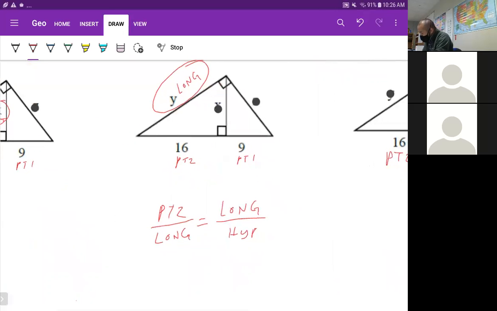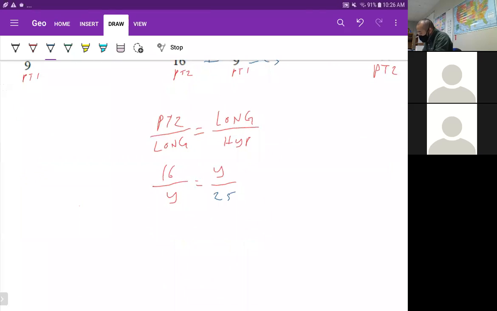So part 2 is 16. The long is y. But we don't have the hypotenuse, do we? Remember the hypotenuse is this line right here. So 16 plus 9 is 25. So we do have a hypotenuse. 25 goes here. So cross multiply again. 25 times 16 is 400.